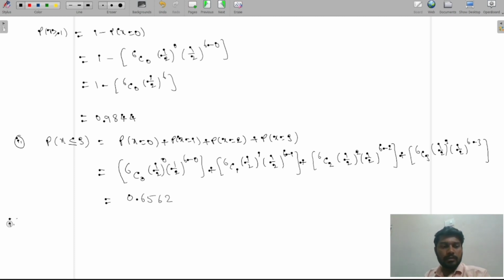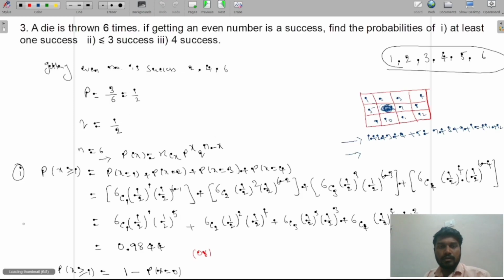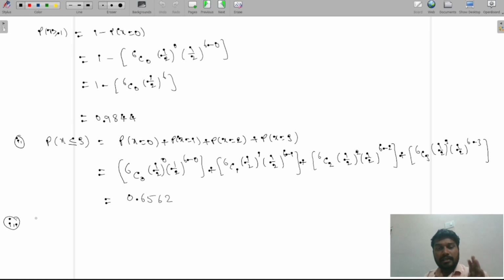So now coming to the third answer, 4 success. 4 success means x equal to 1, 2, 3, 4, or 0, 1, 2, 3, 4, or only 4? Yes, only 4 because 4 success. P of x equal to 4, at x equal to 4 I'm writing the binomial distribution: 6c4 (1/2)^4 (1/2)^(6-4).